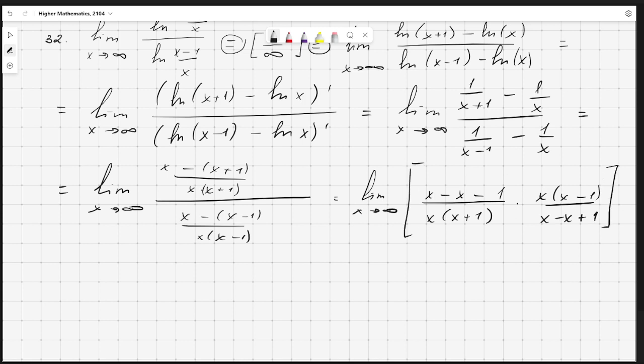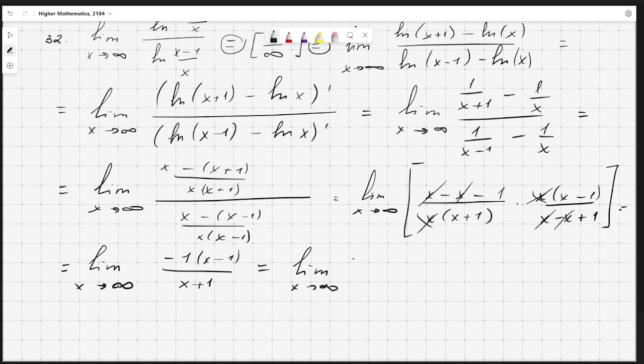Find limit as x approaches infinity, x minus x is 0, here 2, here don't exist, minus 1 times x minus 1 over x plus 1. And we have limit as x approaches infinity, minus x plus 1 over x plus 1.